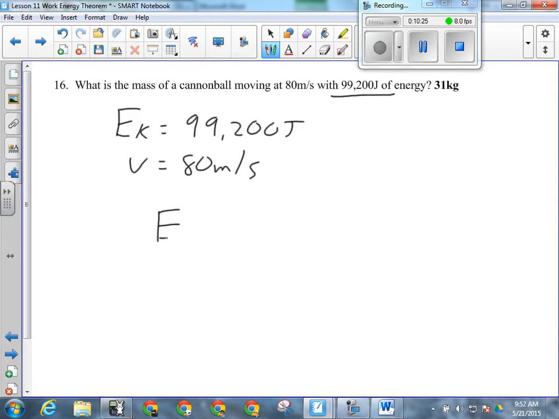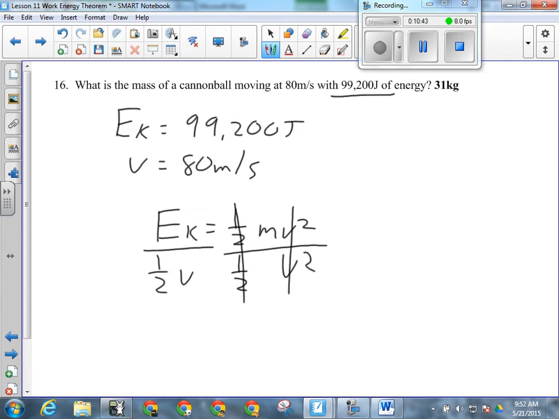All right. So EK equals 1/2 mv squared, and I'm looking for m. So how do I get m by itself? Am I multiplying all three of these together? Okay, so if I want to move things, I do the opposite. Okay, now I've got m by itself. All I got to do is plug in my numbers. So I'll have 99,200 divided by 1/2 of 80 squared.